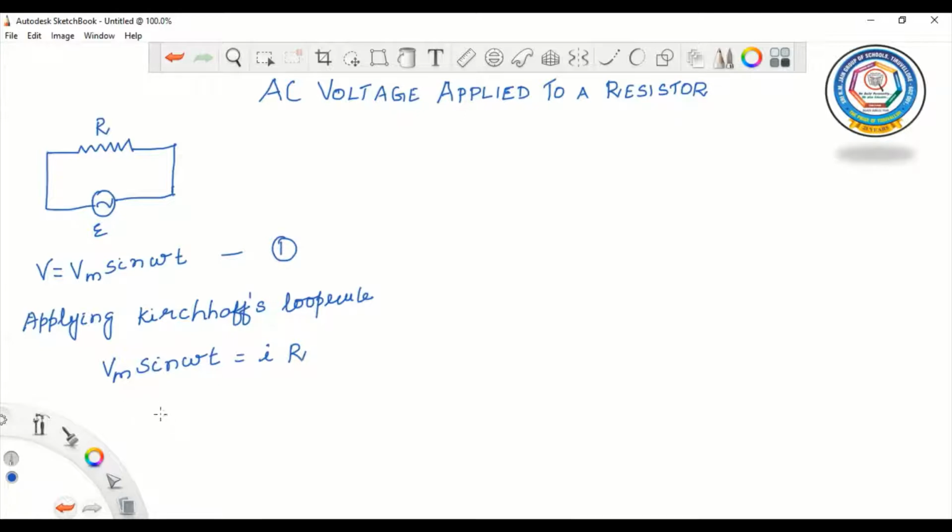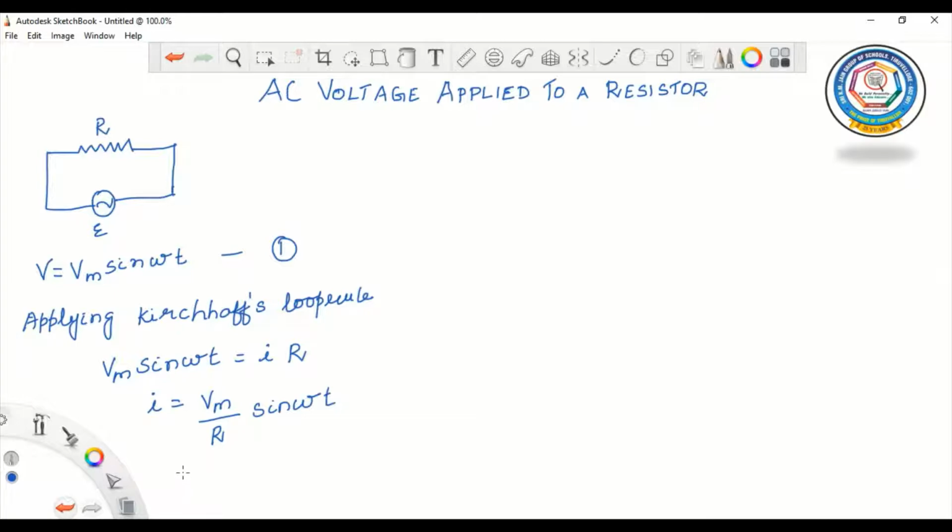Okay. So can we write this as I is equal to, bringing this R to the denominator, Vm by R sin omega t. Okay. And what is the current amplitude?